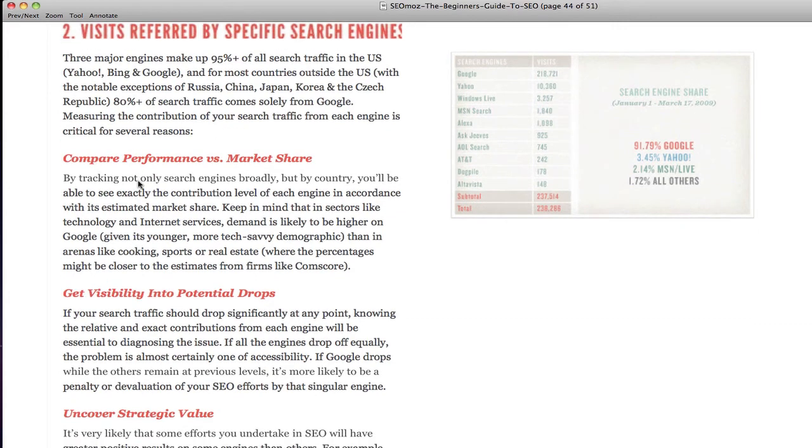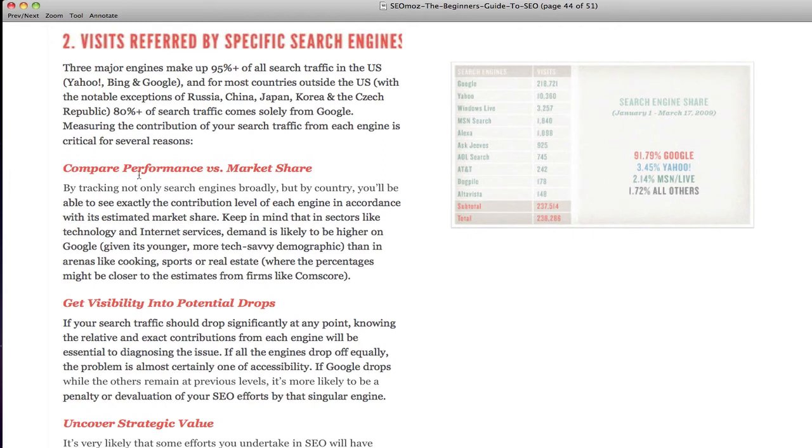So you want to compare your specific numbers with the benchmark market share that usually comes from those search engines. You want to track your search engines broadly and by country, and see what the contribution level of each search engine is in accordance with its estimated market share.